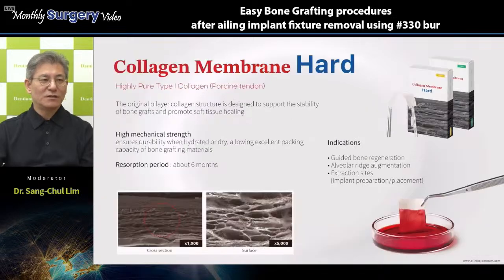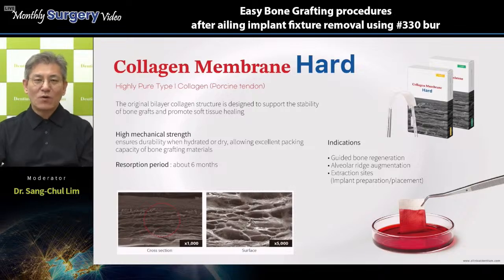material. The collagen membrane has two different types, as you know, a hard one and a softer one. Today, the hard type collagen membrane will be applied. This hard type collagen membrane is the conventional, traditional type, more resilient and stiff, a little bit longer lasting, more than 6 months.